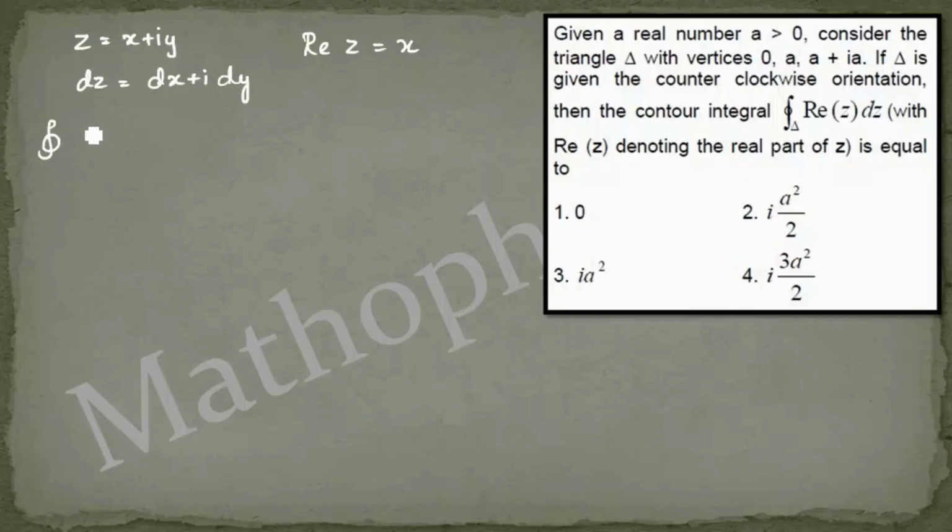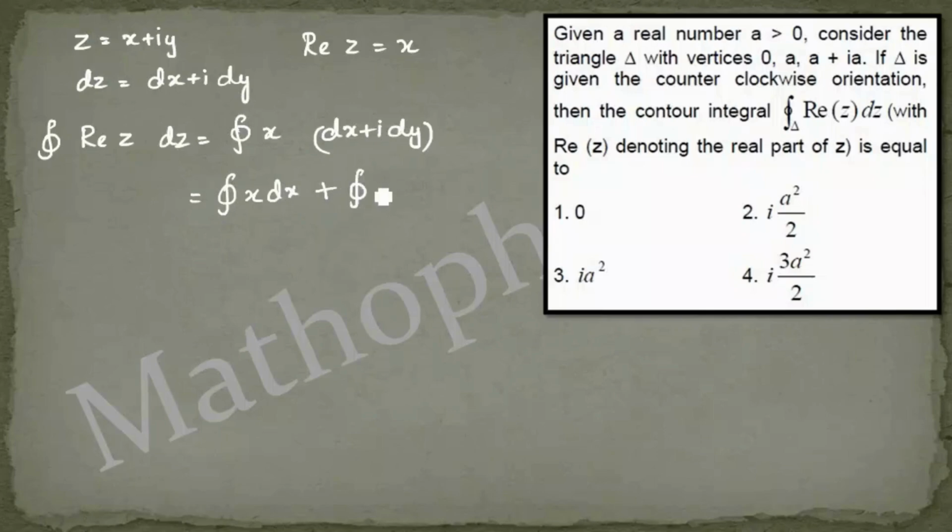So integral of real part of z dz will be equal to integral of x into dz, whose value is dx plus i dy. So if we split this, integral of x dx plus, taking i outside, i into integral of x dy.